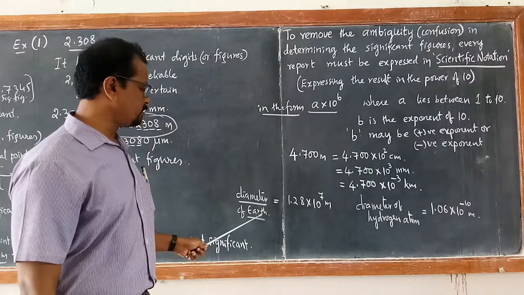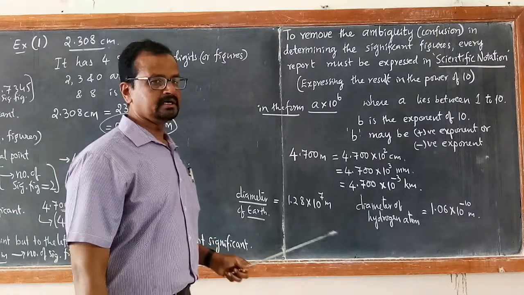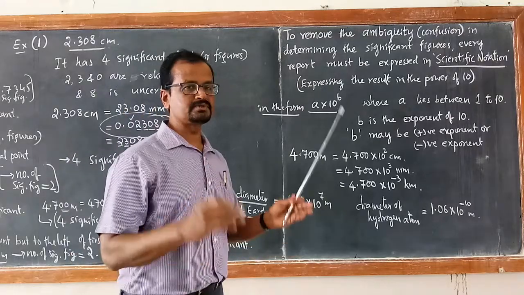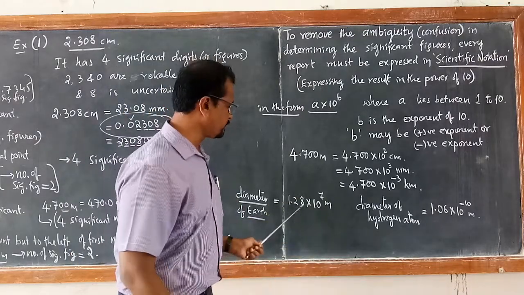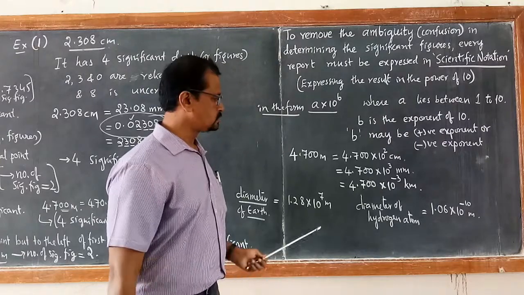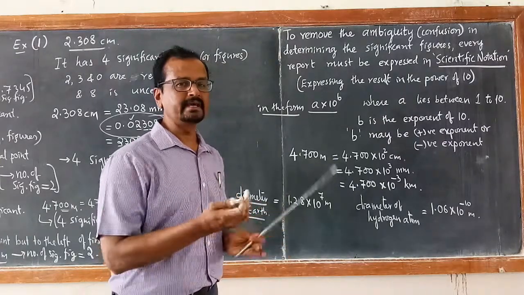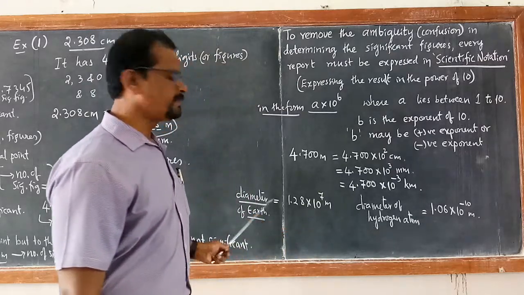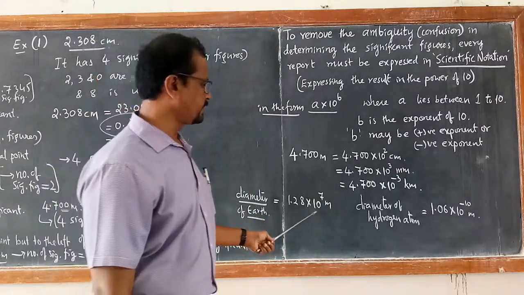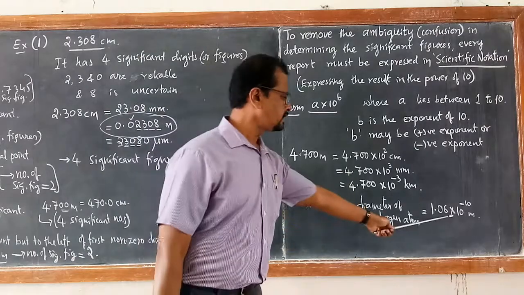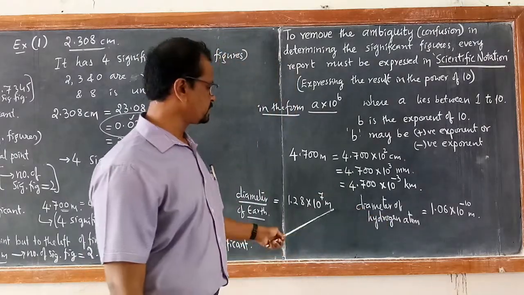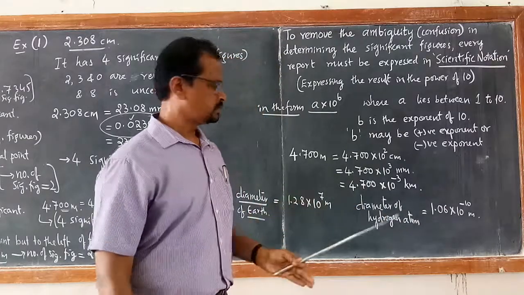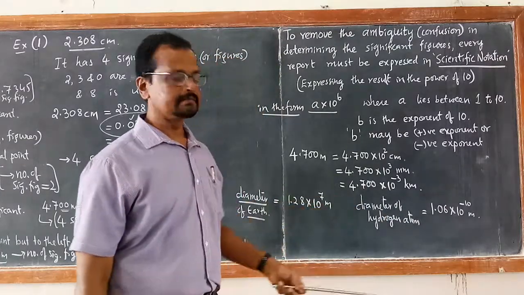The order of magnitude of the diameter of earth is 10 to the power of 7 meter, even if you do not remember the exact number. So we can make a comparison. If you compare the diameter of the earth with the diameter of the hydrogen atom, you can directly divide 10 raised to 7 by 10 raised to minus 10, and we get a ratio of 10 raised to 17.